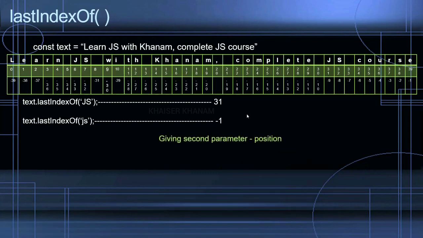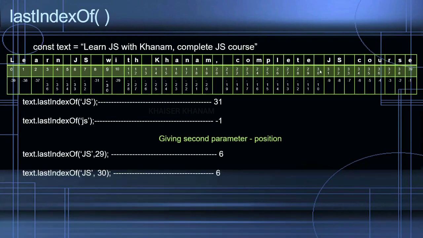Using the second parameter, that is position. Now if I give here JS at 29, here I am having 29, but it will not move in this direction. It will be moving in this direction, for last index. So for this, I will be getting this result. As I have given the last position, it will be moving from the start.